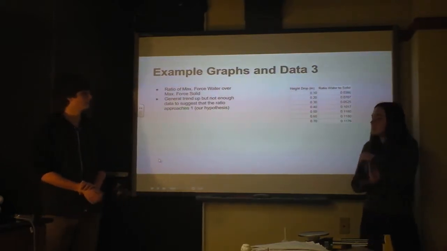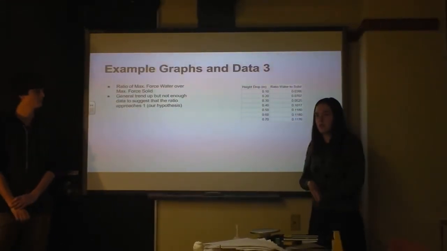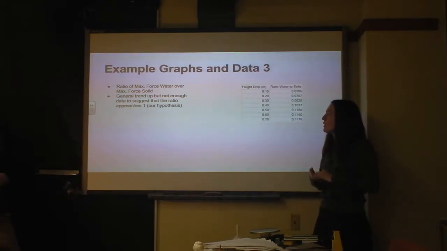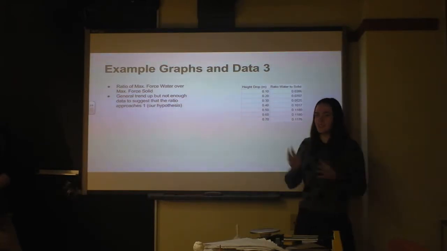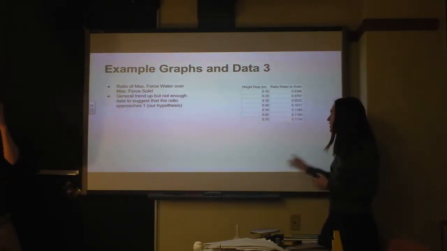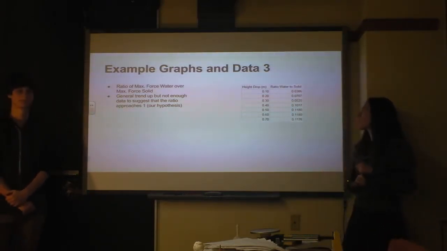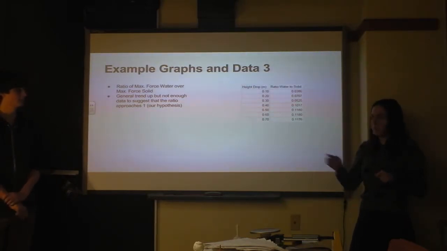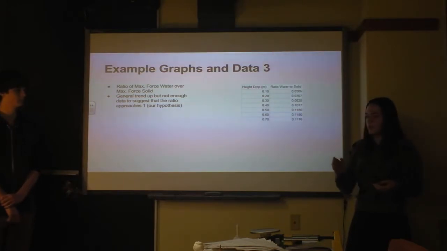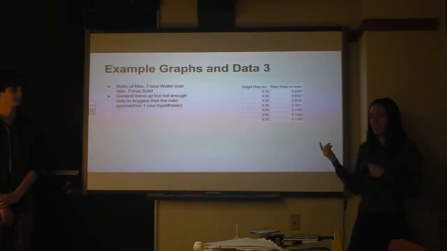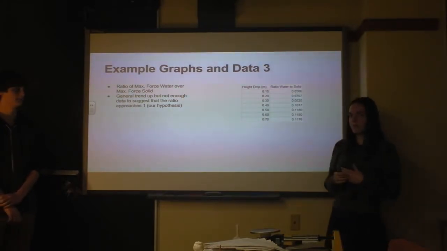So to try to get a correlation between the impact velocity and the impact force, our graph didn't really show something that was nonlinear, so I tried making a ratio of the force of impact on the water over the force of impact on the solid, because if the water was increasing more than the solid was increasing, then your ratio would get bigger.